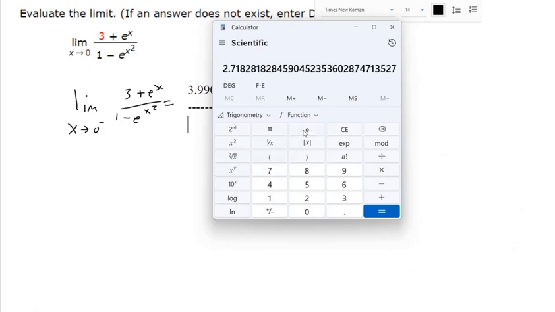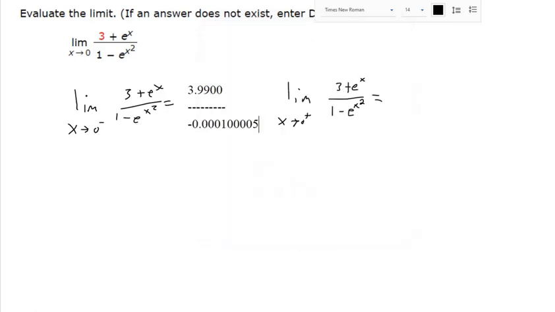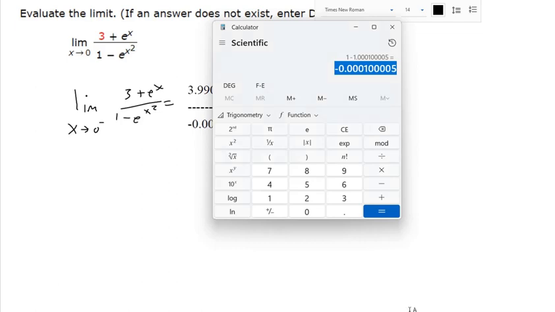So we got e to the power of that small decimal, and then it's supposed to be 1 subtracted by that result, right? 1 minus what we just got. So 1 minus that result is negative 0.0001. Okay, that's our denominator.